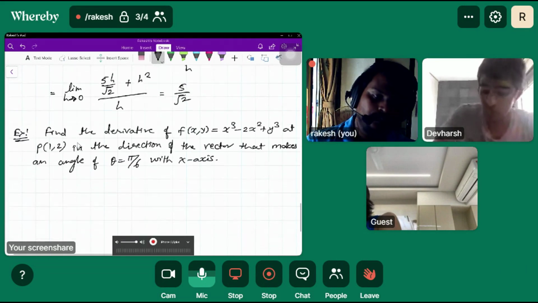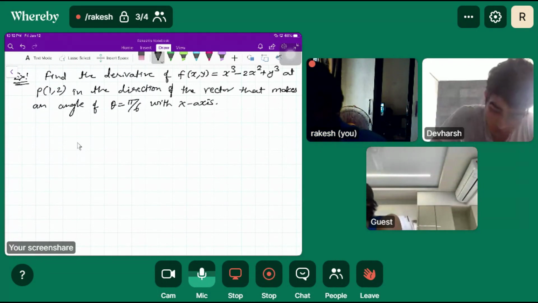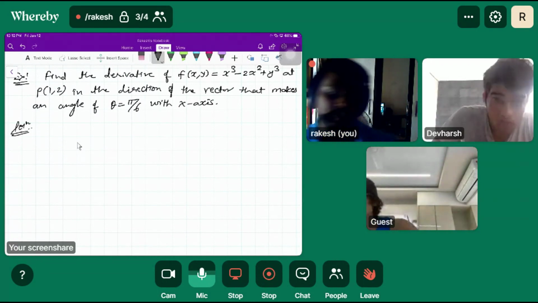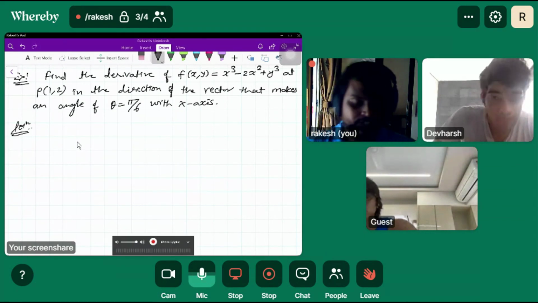Okay. So can you find out the direction vector?